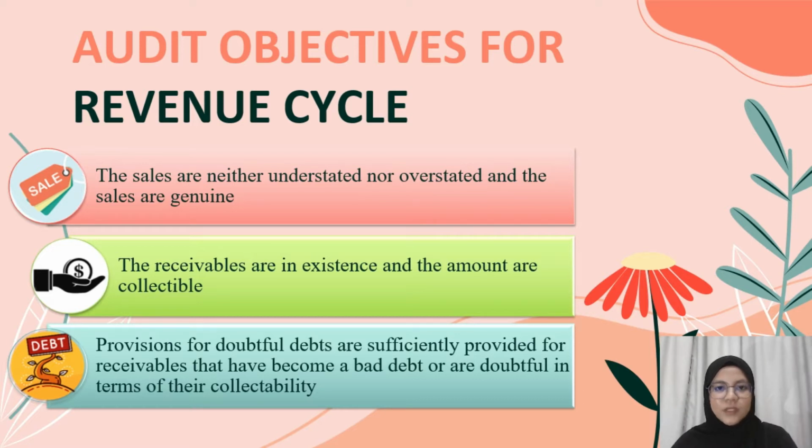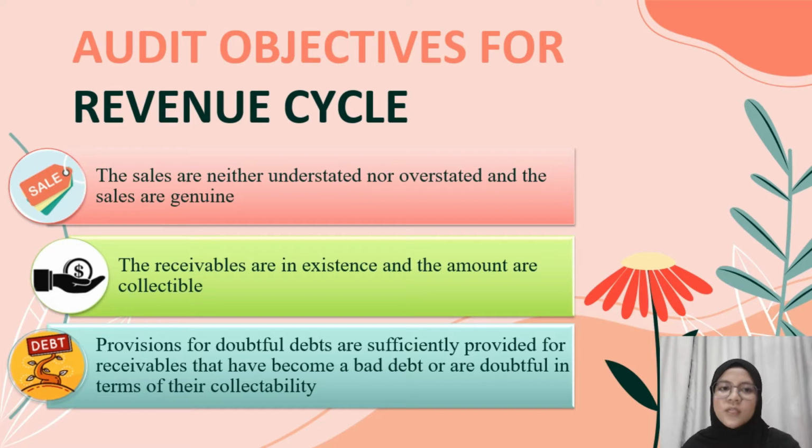The third audit objective for the revenue cycle is that provisions for doubtful debt are sufficiently provided for receivables that have become bad debt or are doubtful in terms of their collectability. For example, when the seller gives sales credit, there might be some receivables that could not pay their debt to the seller.